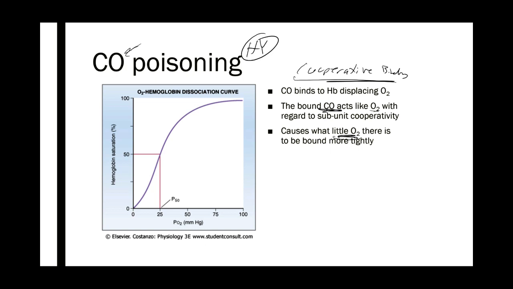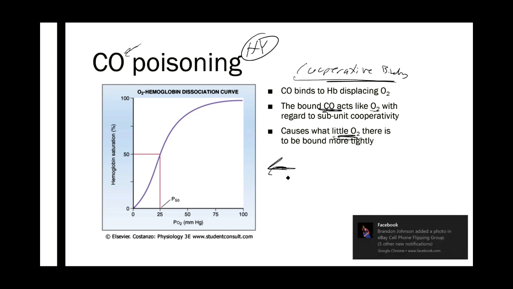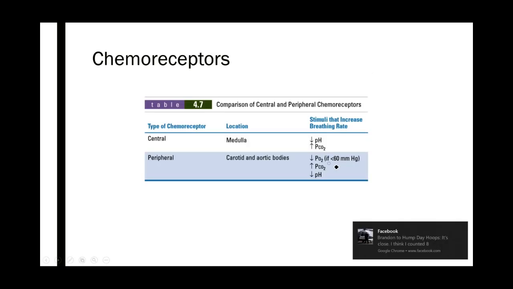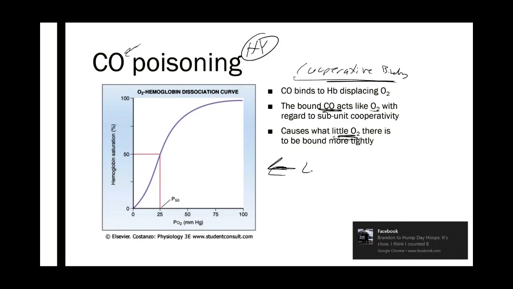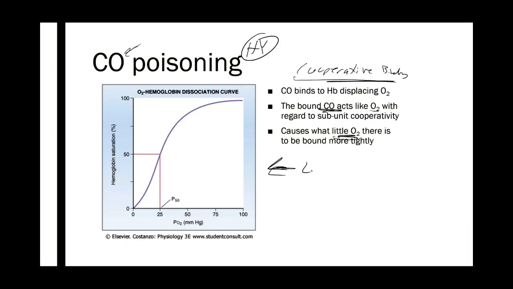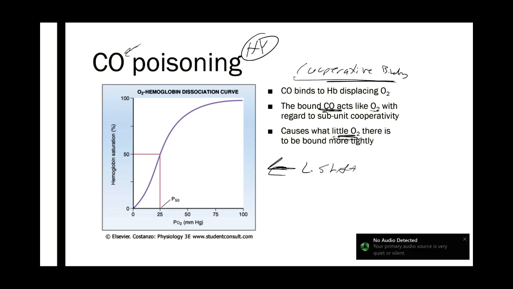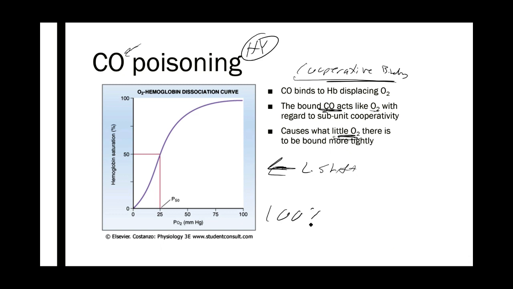So it technically causes a left shift of the curve. Left shift curve, carbon monoxide poisoning. The treatment for this, I believe, is 100% oxygen, because that's the only thing that can displace the carbon monoxide.